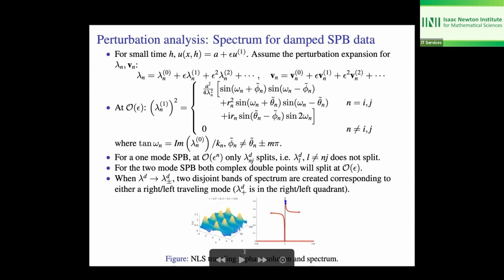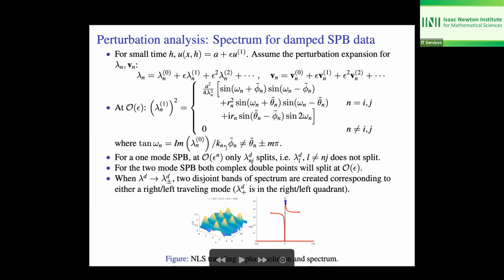Okay, so you then assume a perturbation expansion for lambda sub n and v sub n, the eigenvalues and the eigenfunctions, and you find that at order epsilon you have this correction lambda sub n1, and you see right away that if n is not equal to I or J, there is no first order correction in the eigenvalue. And if n is equal to I or J, we have this expression for the first order correction.